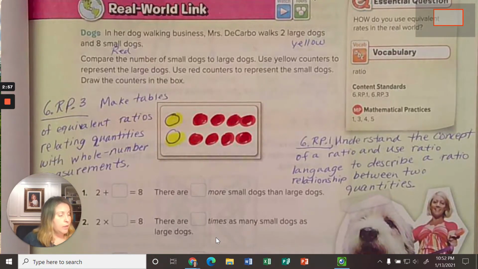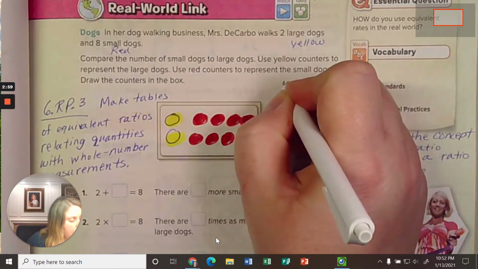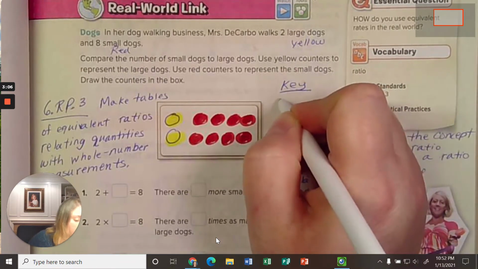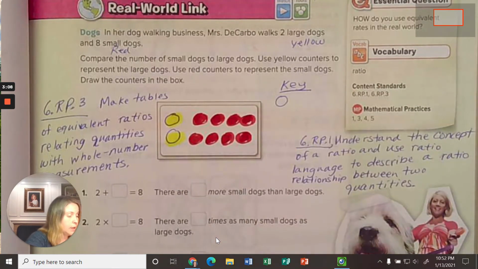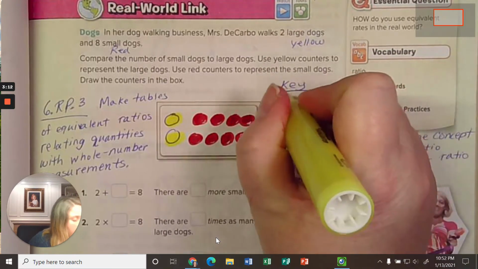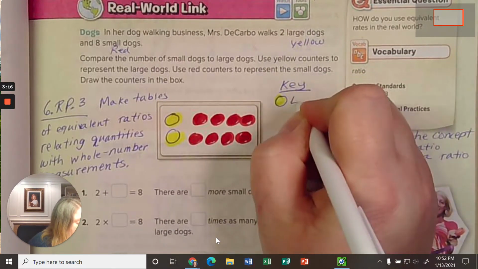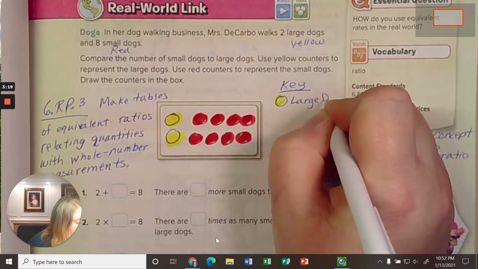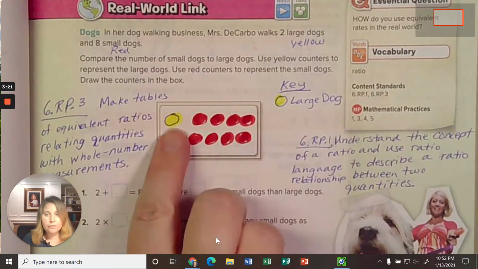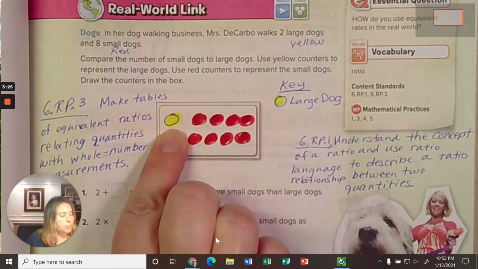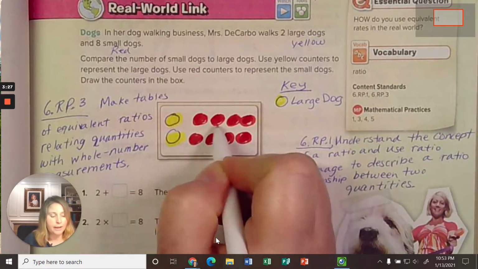Okay? And then in math, it's helpful if we get into the good habit, and your science teachers will love this, and social studies teachers too, of always making a key. So we can say that a yellow counter represents a large dog. And I'm sorry, if you don't have colored pencils or markers at home, you can just put a Y for yellow and R for red.